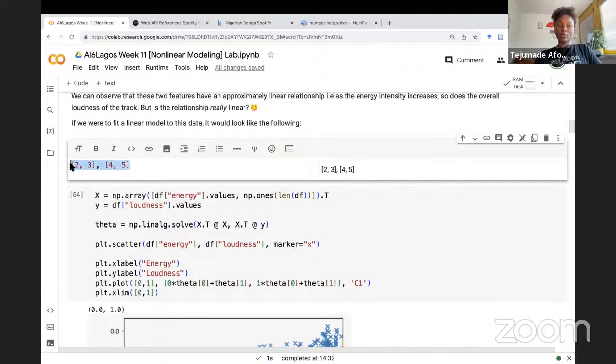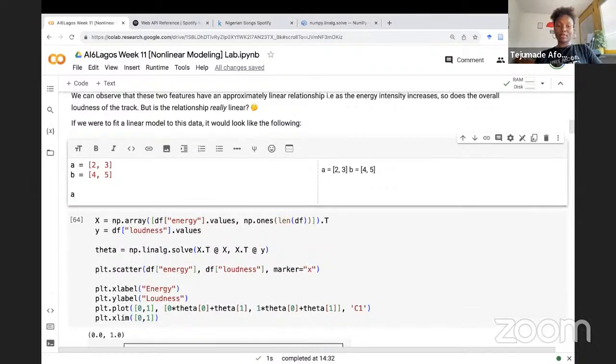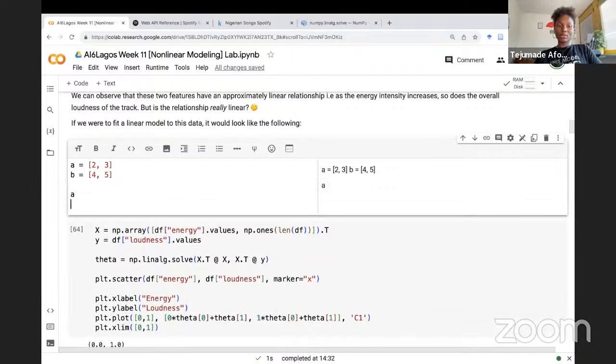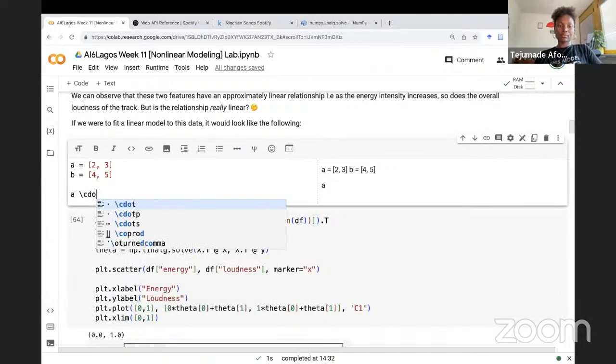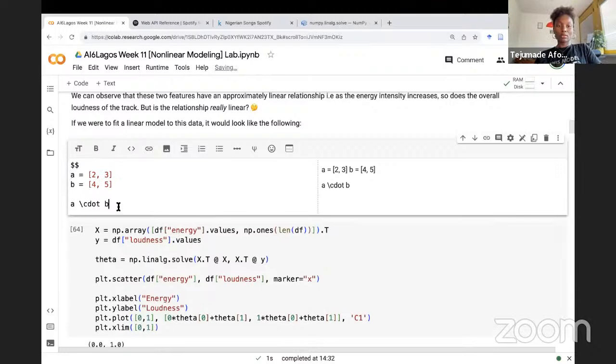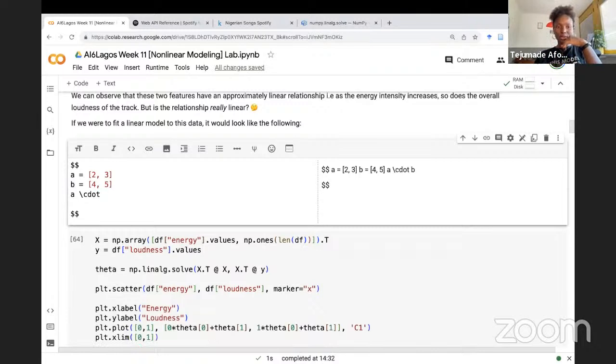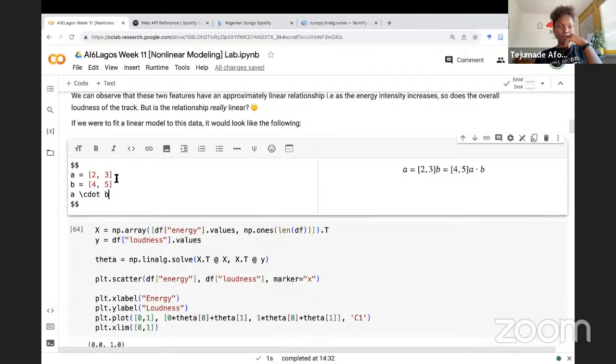If I do the dot product between these two, vector A equals this, and vector B equals this, can someone tell me what A dot B, let's put this inside LaTeX, would be? Great. So A dot B is 23.